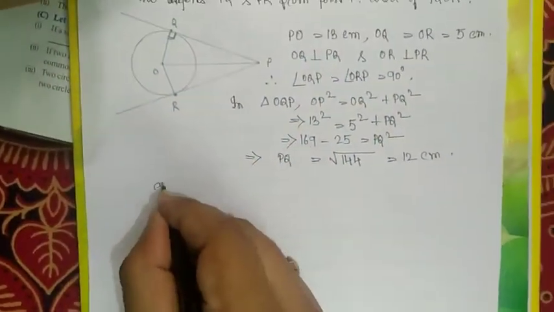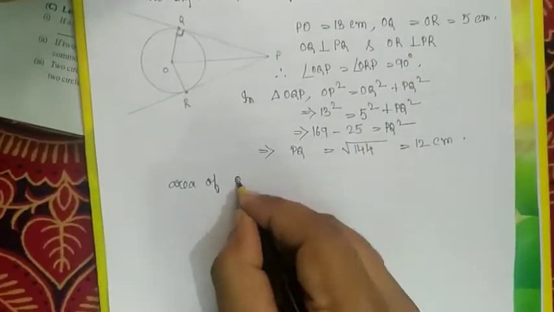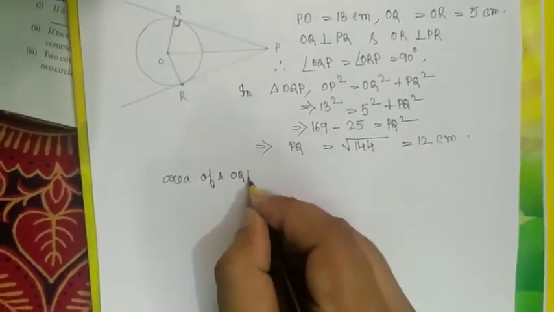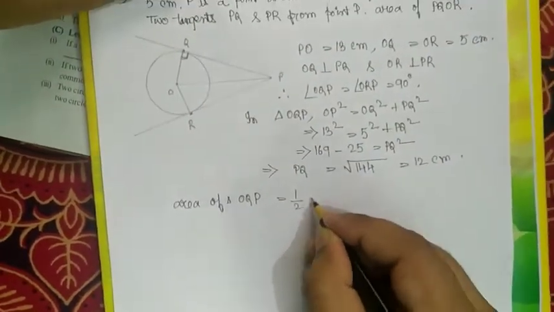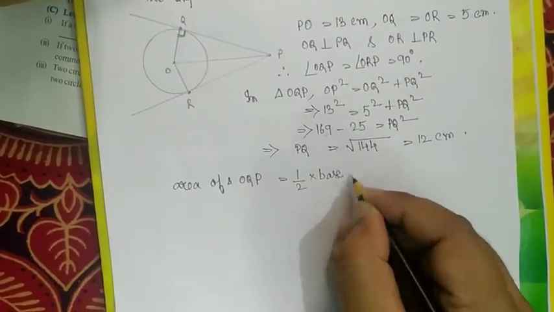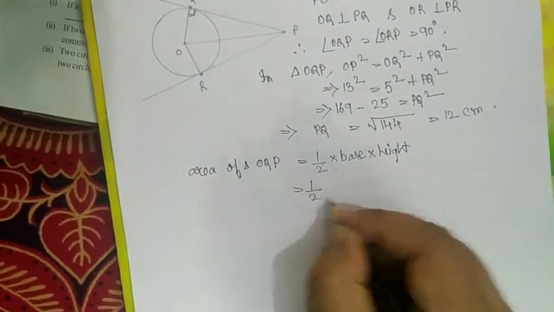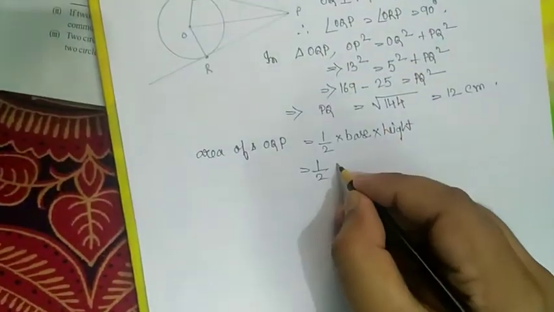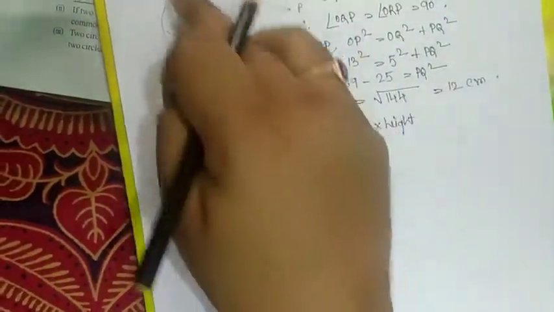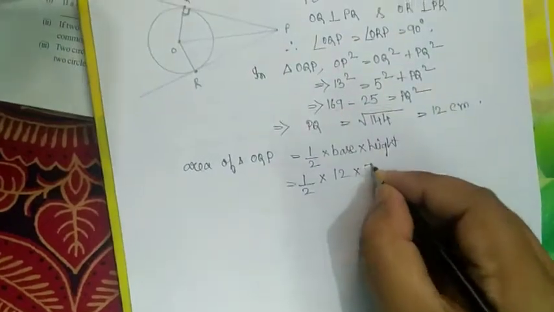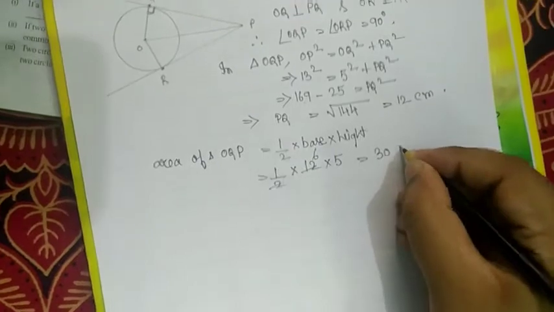Now the area of OQP equals, we know the area of a right angle triangle equals half into base into height. So therefore half into your base, QP, so the value of QP or PQ equals 12, and the height, the value of OQ, equals 5, so 30 centimeter square.